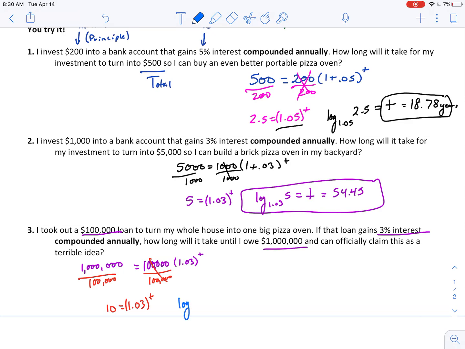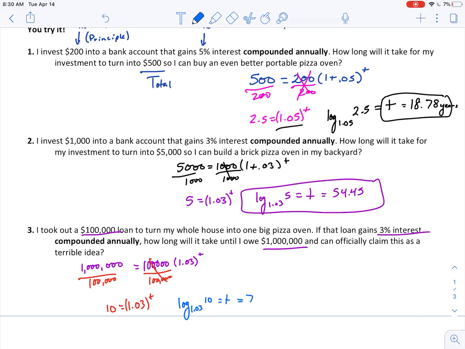Okay, 10 equals 1.03 to the t. So now we need to write this as a logarithm to get that t out of the exponent. So what's the base of my exponent? Well, that's 1.03.